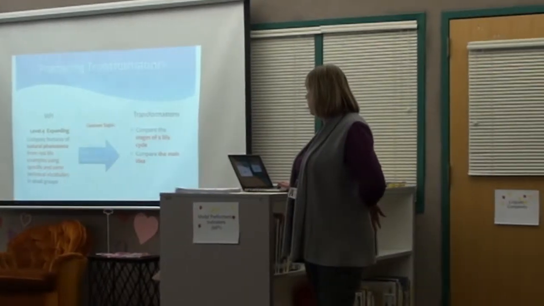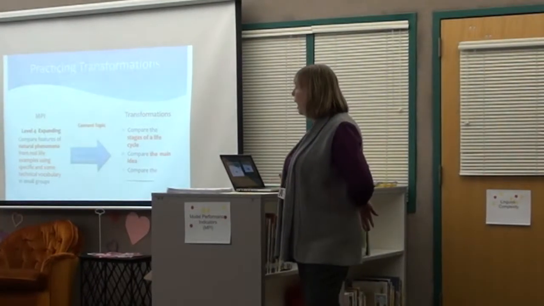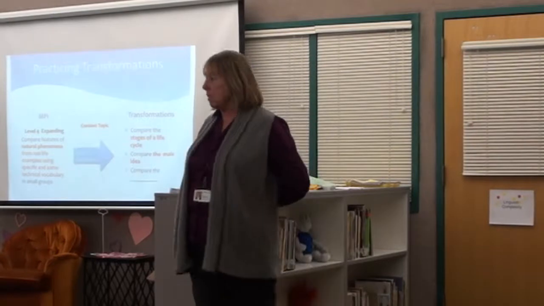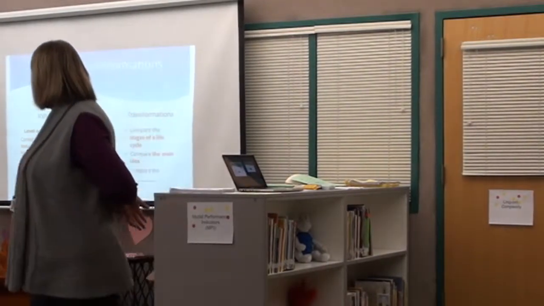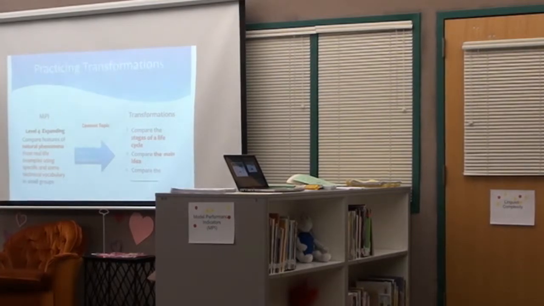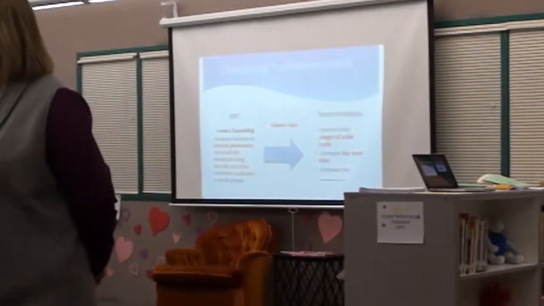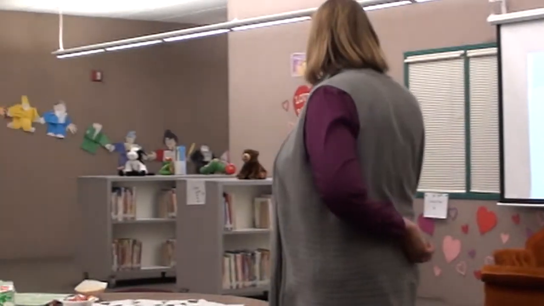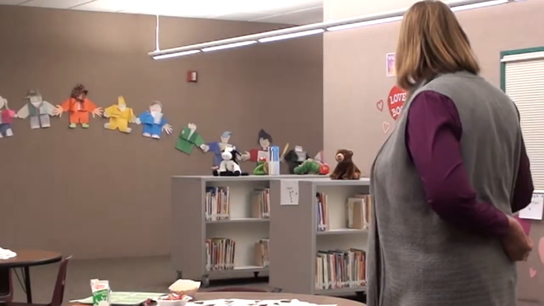Compare the main idea. Now I want you to use compare features in small groups, and change the core to something in your core so it's more relevant for you. I want you to transform the core.